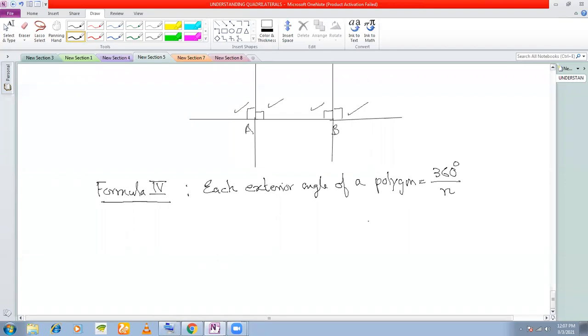Remember these 4 formulas. From these 4 formulas, you can work out all the problems from polygons.